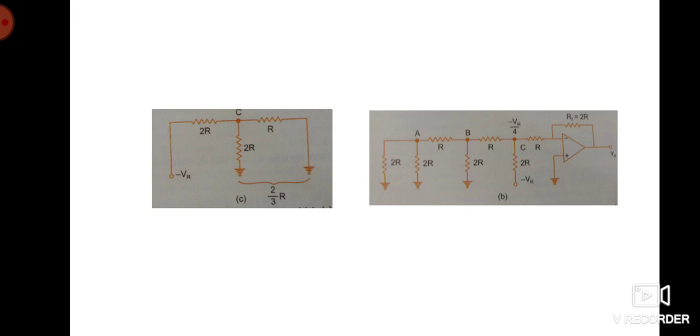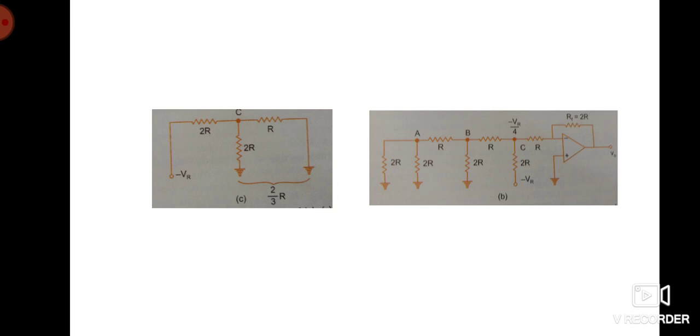Here 2R and R are connected in parallel. To calculate the parallel resistance, 2R into R divided by 2R plus R. The R's cancel, and we get the value 2/3 R. Therefore the voltage is minus VR into (2/3)R divided by ((2/3)R plus 2R).